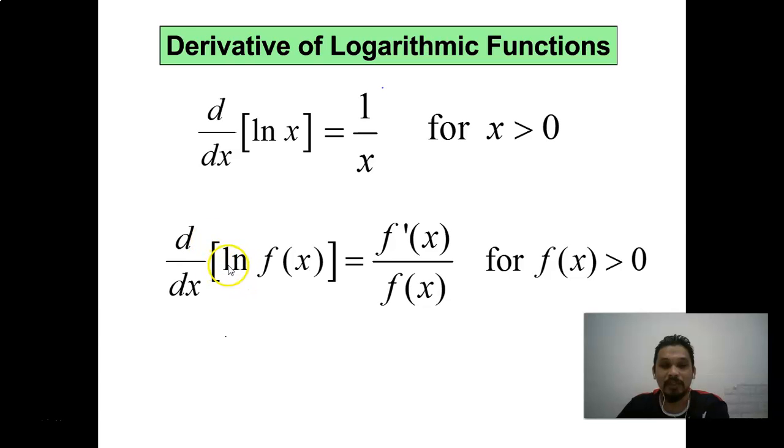The derivative of ln f(x) with respect to x equals f prime x divided by f(x).